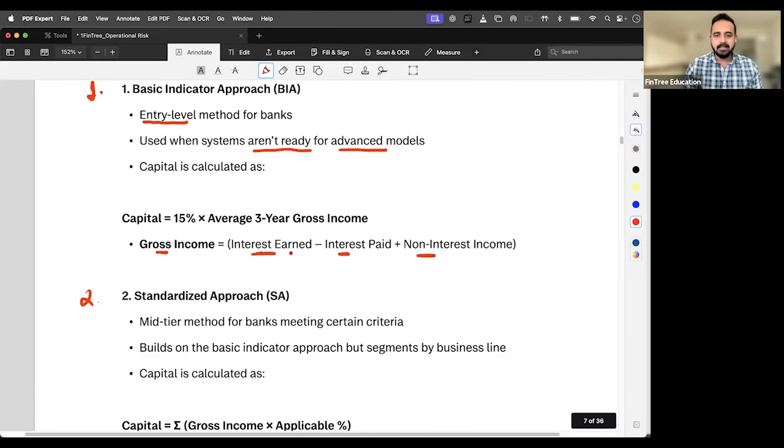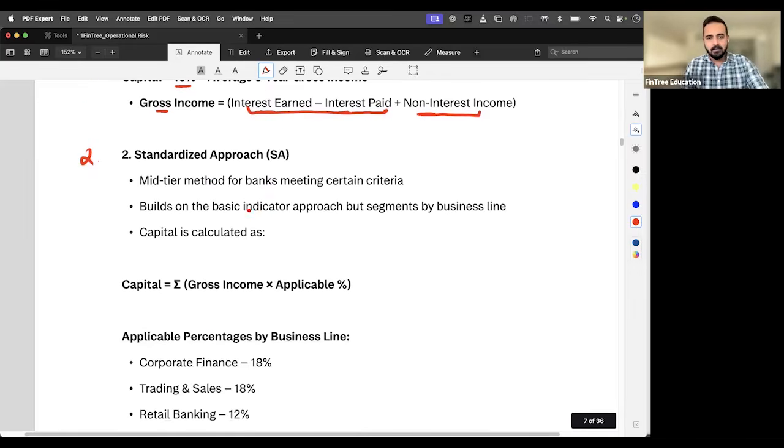So the net interest income plus non-interest income, you take a total of it, and then you take an average for 3 years, multiply that with 15%, and that becomes your capital requirement. That was a simple, straightforward approach. Very broadly, your 3-year average profitability multiplied by 15%.